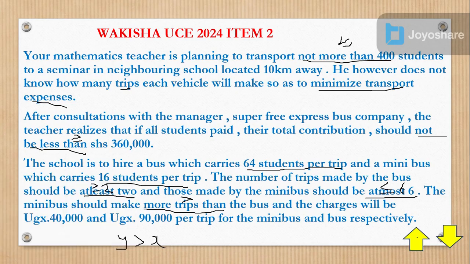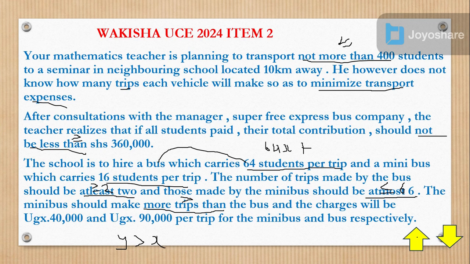So a bus carries 64, and remember, for the bus we are using letter X, so that will give us 64X, like that. A bus which carries 64 students, so 64X per trip. And now, "and" means a plus. Put the plus.